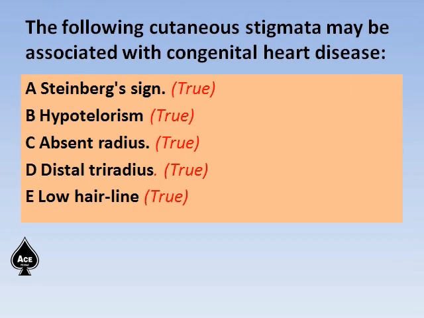All are true. Steinberg sign, hypotelorism, absent radius, distal triradius, and low hairline are the cutaneous stigmata which can be associated with congenital heart disease. You may be very well knowing that neurocutaneous markers are very well known to help you in diagnosis, because the nervous tissue and the cutaneous tissue develop from the same embryonal tissue, that is ectoderm.